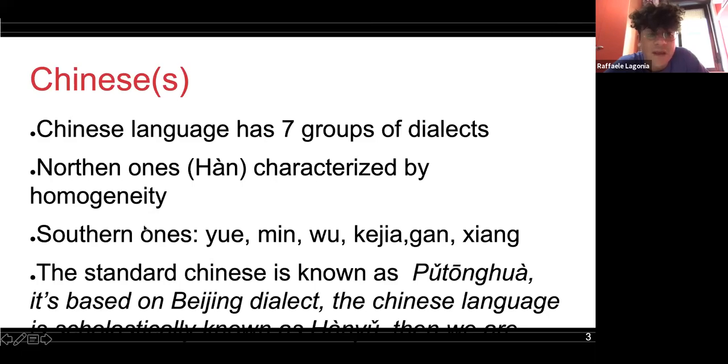Then we have the southern ones that we know as Yue, Min, Wu, Kejia, Gan, Xiang. Then we have the standard Chinese that is known as Putonghua, and it's based on the Beijing dialect.